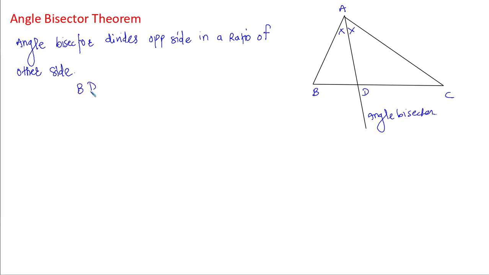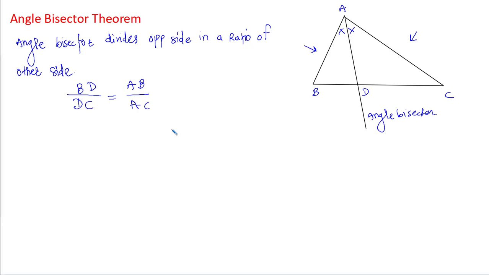In a ratio BD divided by DC. This ratio BD divided by DC is equal to the ratio of the other two sides, that is AB divided by AC. So angle bisector divides the opposite side in a ratio BD is to DC, equal to the ratio of the other two sides AB is to AC. This is what the angle bisector theorem is.